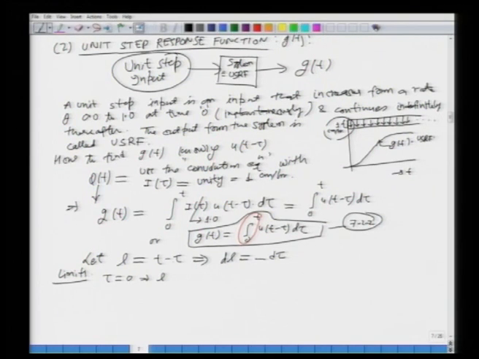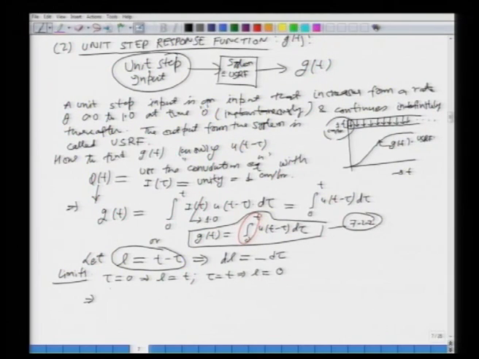L will be equal to T. And for the second case, tau is equal to T, the upper limit. When tau is equal to T, you put T in this equation, and L is equal to 0. So, the lower limit is L equal to T, and the upper limit is L equal to 0.